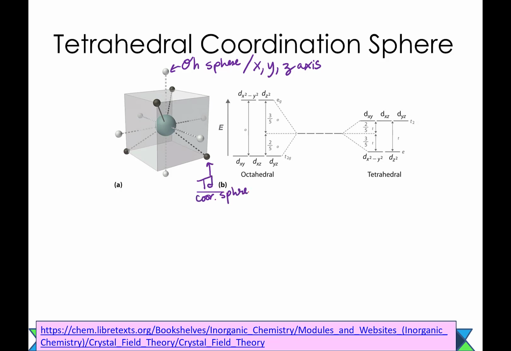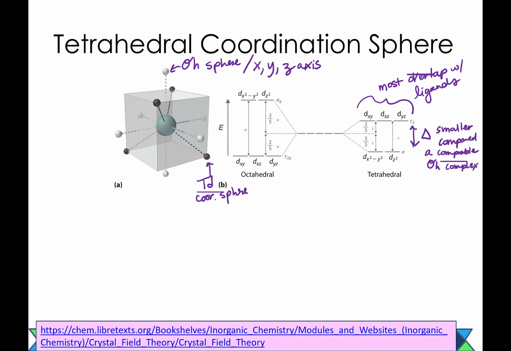What you can imagine is that it's actually the d orbitals that are rotated 45 degrees off the axes, your dxy, dxz, and dyz, that will have the most overlap with the ligands. But they don't have as much overlap as the dx squared minus y squared and dz squared did in the octahedral sphere. Delta tetrahedral is going to be smaller if you compare a comparable octahedral complex.